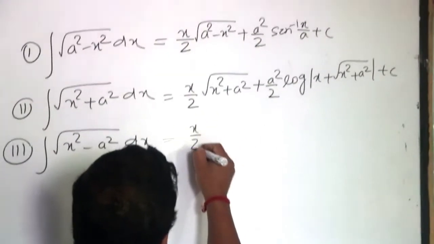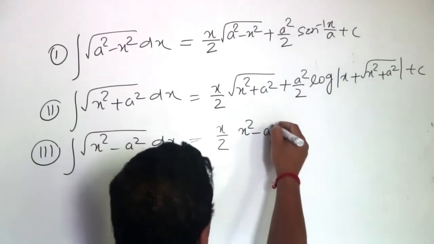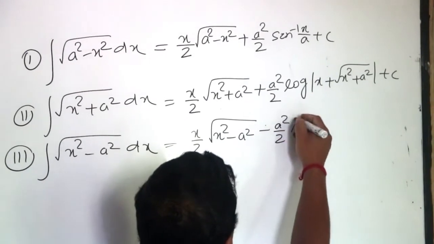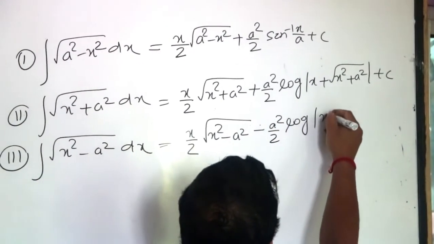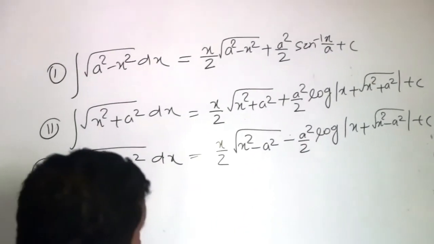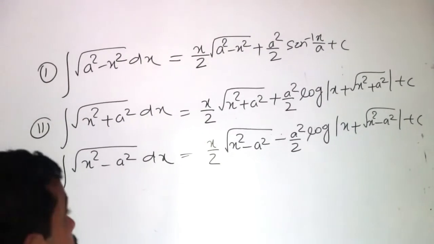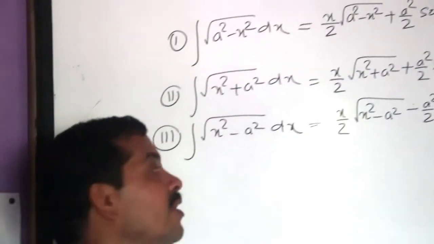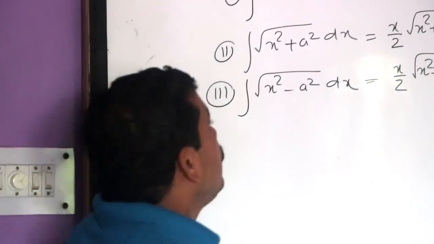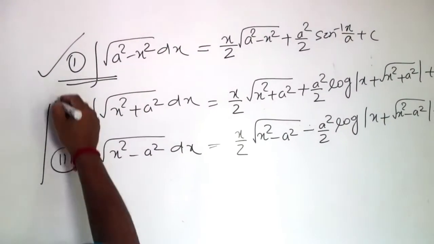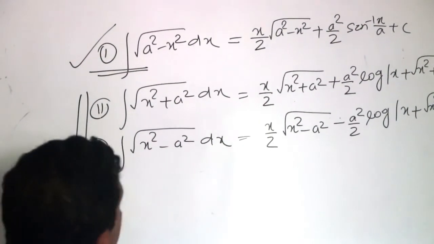And this is x by 2 root over x square minus a square minus a square by 2 log mod x plus root over x square minus a square mod plus c. These three are very important formulas. In the previous class we discussed the 5 important integration formulas, and of these three we evaluate the first one, then in a similar way you can evaluate the second and third.